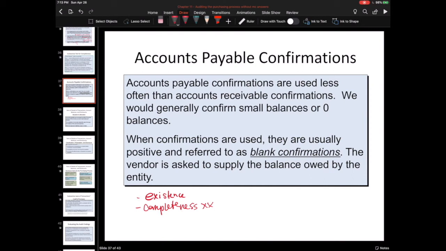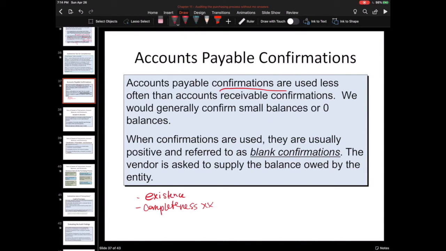Okay, so with an AP confirmation, what we do is we send out, of course, like we always do, a letter to specific vendors, and we ask them to confirm that a particular balance that we have is correct.